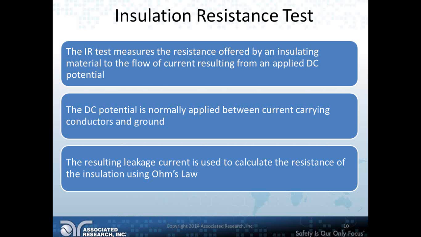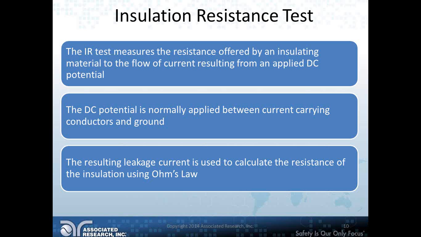Now this is where this test is very similar to the DC Hipot test, because during a DC Hipot test the potential, which is higher than what is used for the insulation resistance test, is also applied by shorting line and neutral if it's a three-prong product, and it's applied between the mains current carrying conductors and ground.